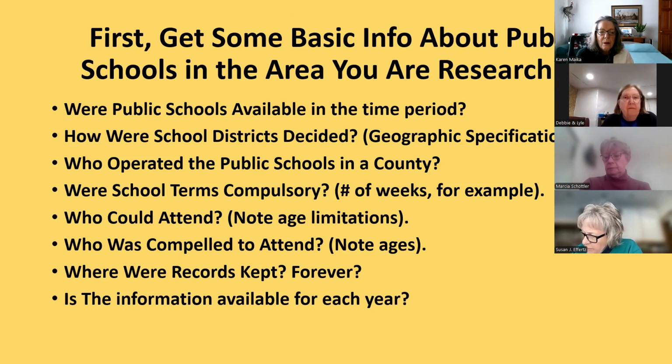You need to get some basic info about the public schools in the area you're going to research. Say that you're in Arizona, which was a territory for a long time before it became a state. You need to find out what territorial rules worked for the territory of Arizona.